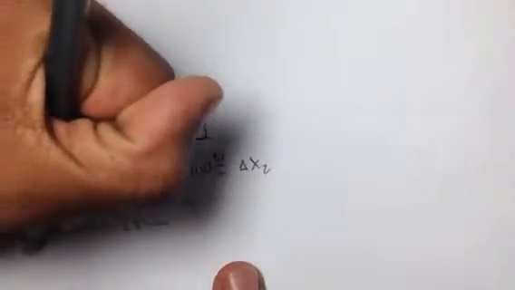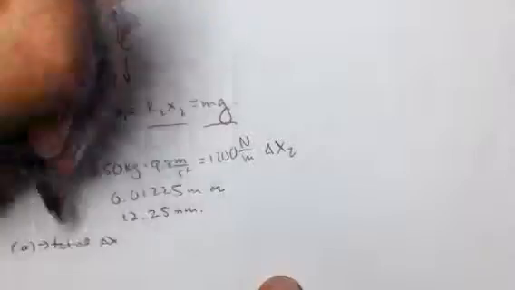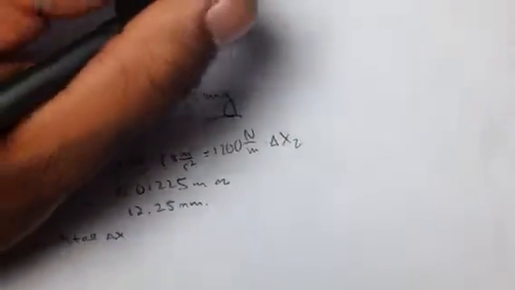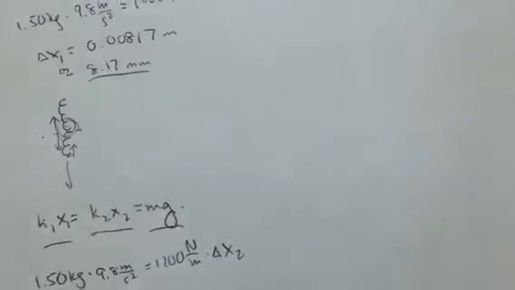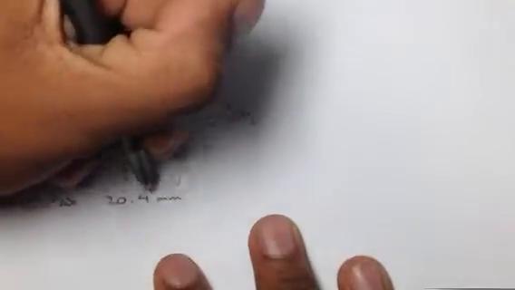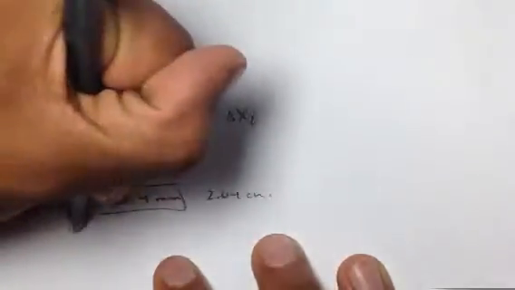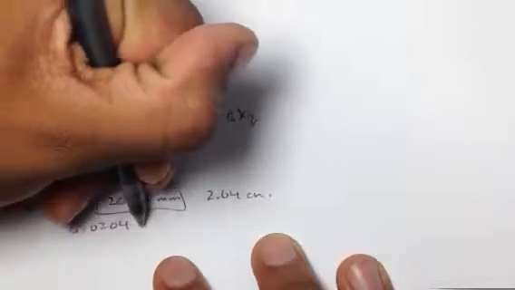So our total delta x for part A is a sum, so I'm going to add that to the first and round it, so we'll say it's 20.4 millimeters. Whatever units you want to use, you could also use 2.04 centimeters, or you could just say 0.0204 meters. So that's our answer.